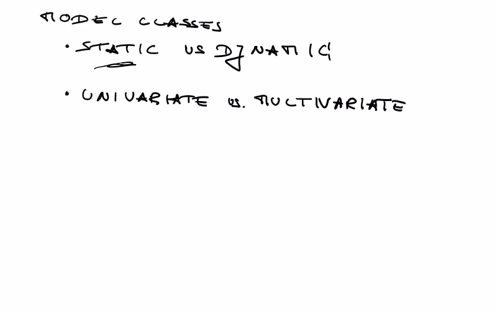What really the distinction is, I think, is the question of how many data points you model at a given instant. Univariate models are those where you model one data point, essentially consisting of just a scalar number, so just one number at each instance.